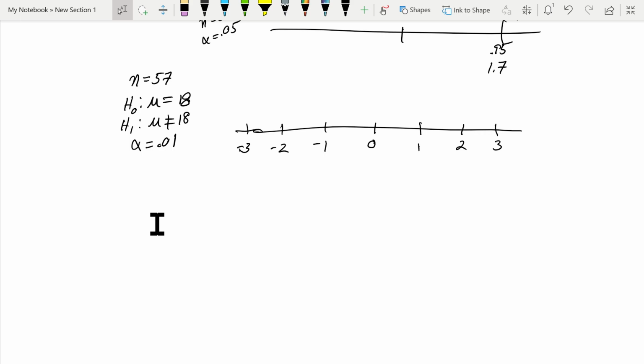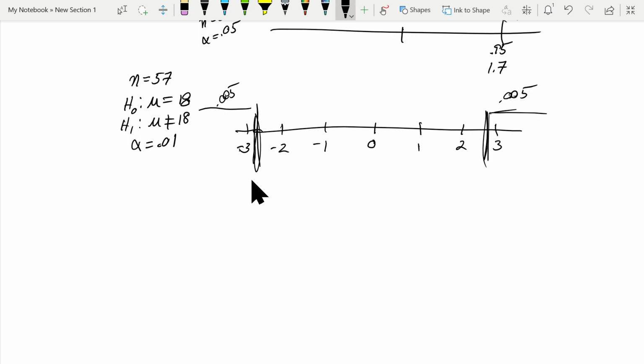So I have a critical region, a rejection region, up on this end and on this end. Total is 0.01. How much in each end? 0.005. Just divide it by 2. So I've got 0.005 here and 0.005 here.